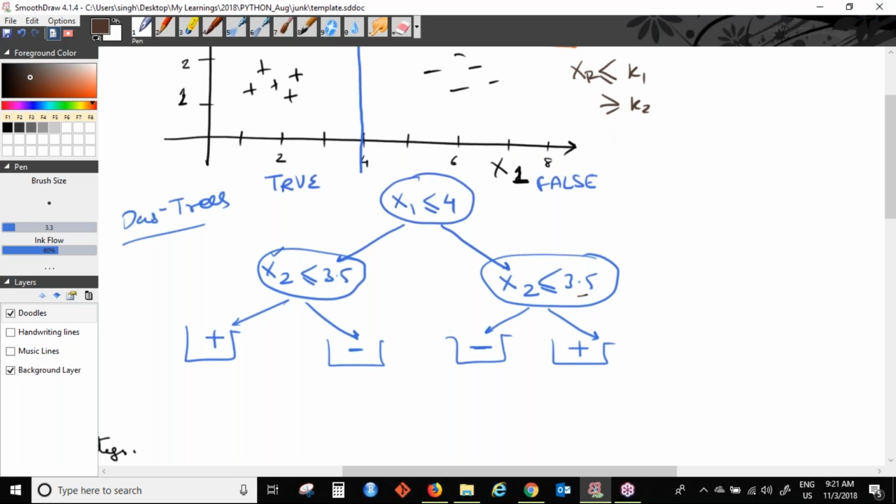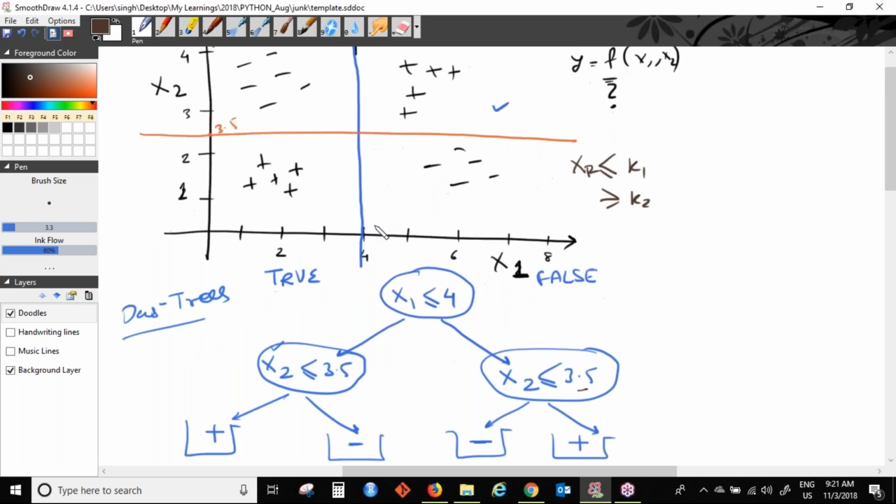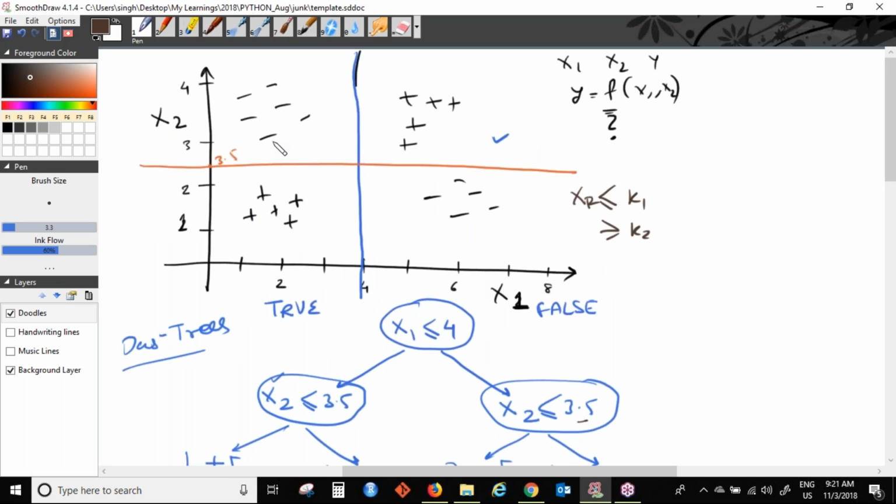Why did I get 3.5? Because, as I said before, you will try to see the midpoint. So here, what is the positive point which is the nearest to the negative point? Similarly, what is the negative point which is nearest to the positive point? Then you see the distance between them and take the midpoint.